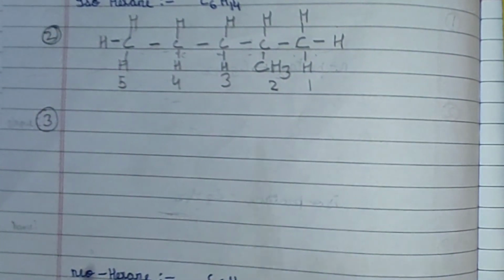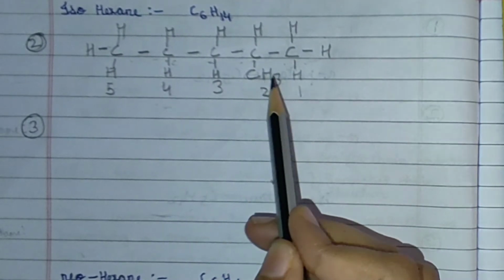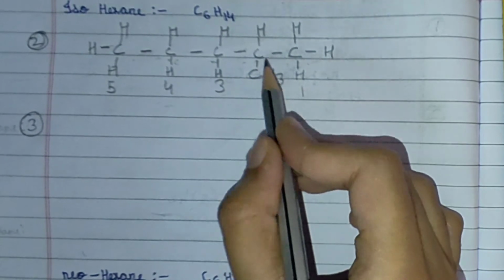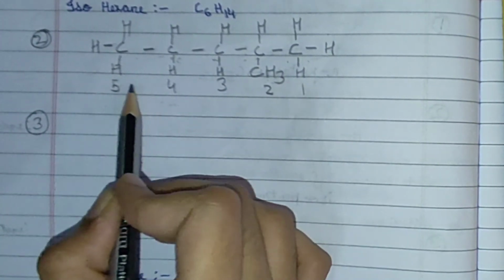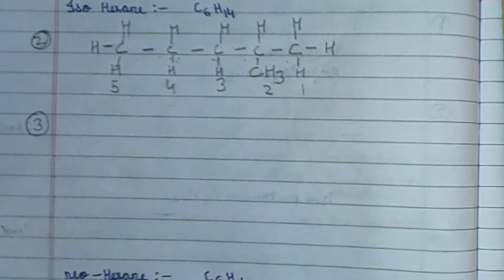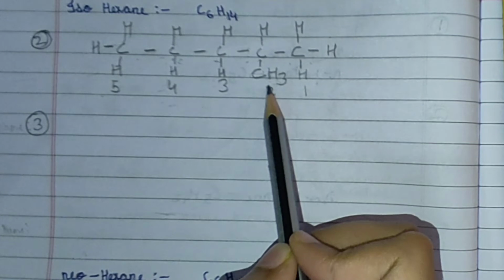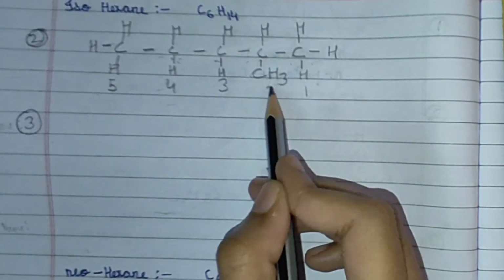Because the methyl group, the substituent, is on this side, and the substituent should be at the least number of the carbon. If I would do it from this side, it would come as 4, which is more. So we will do it from this side because it is coming as 2.